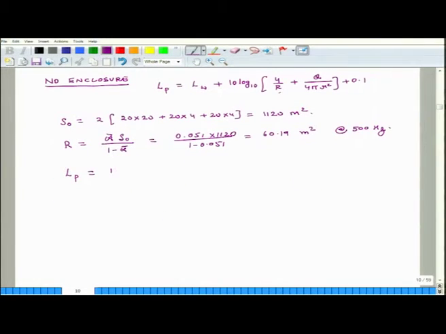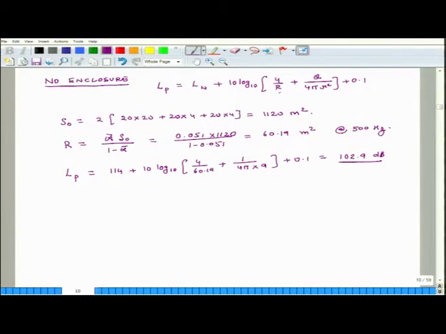So, it is 114 plus 10 log 10 of 4 over 60.19 plus Q, where Q is 1 divided by 4 pi into 3 square, since R is 3 meters away, 9, plus 0.1, and that works out to 102.9 decibels. So, it is very noisy.